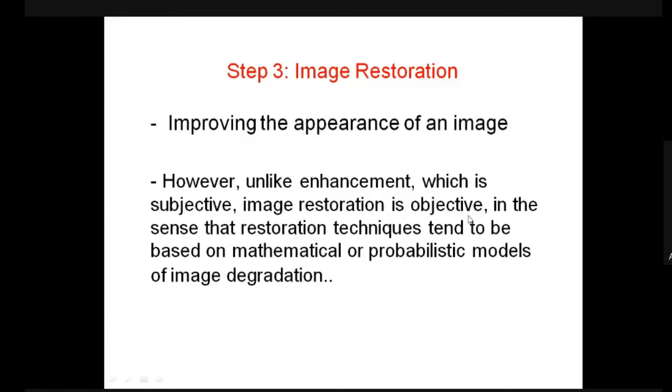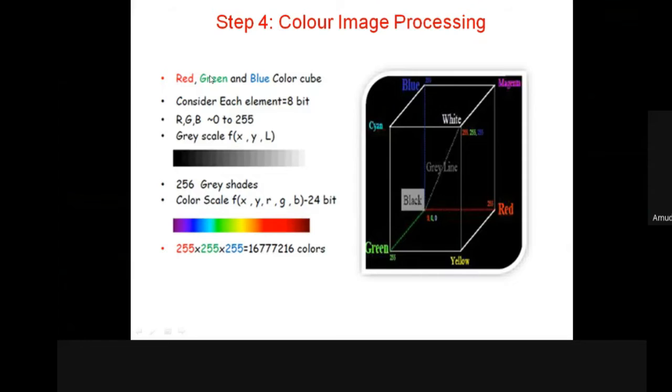Now we'll study color image processing. RGB: red, green, and blue. Each color has 8 bits, so in total 24 bits, and there are 256 gray shades.